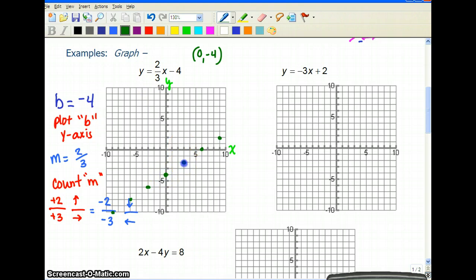Well, this is also an answer. Well, what is that answer? That one's 3, -2. Well, here's an answer. That answer would be 6, 0. This one's an answer. It would be -3, and that's 5, -6. And so we could keep naming all these points, but if my graph paper was bigger, I'd be naming points for the rest of my life.